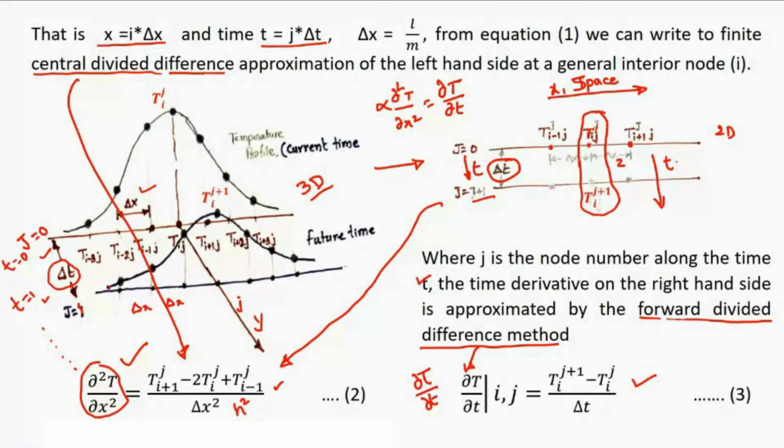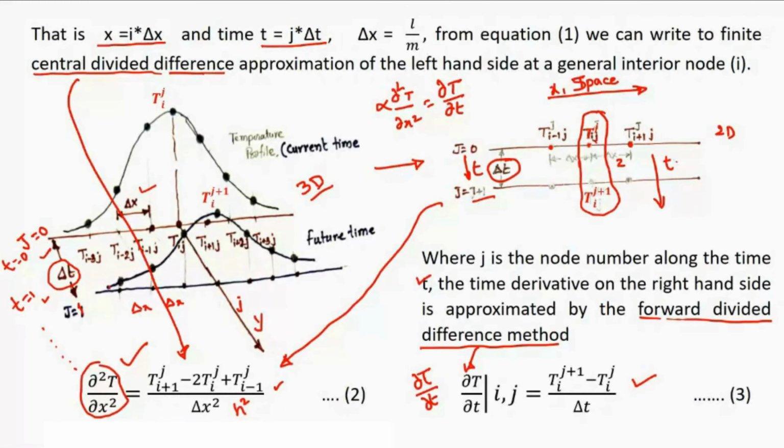Alpha is equal to K by rho C, delta T represents the increment in time period, and delta x is the increment in space.